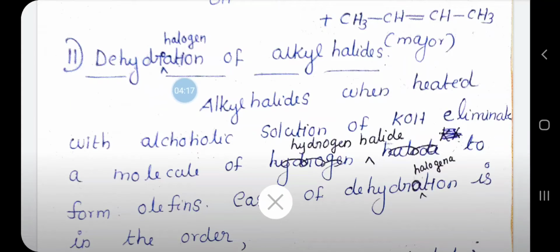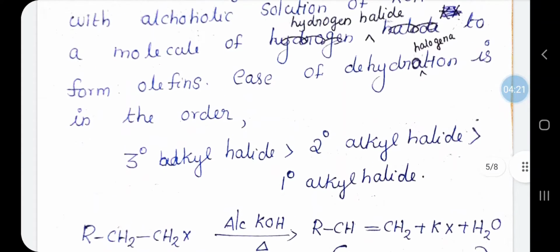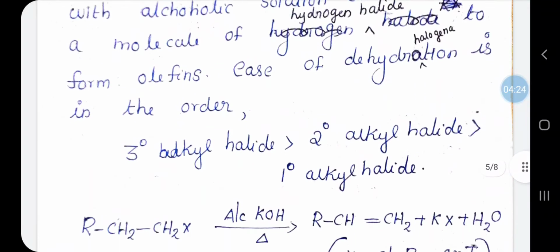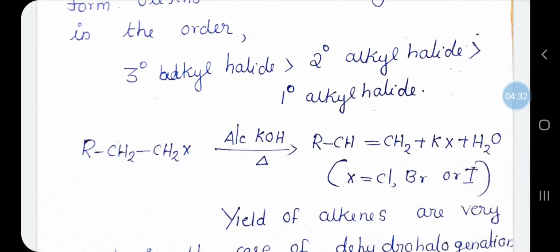Next one is the dehydrohalogenation of alkyl halides. Here also the order is tertiary halide, then secondary halide, and primary halide.